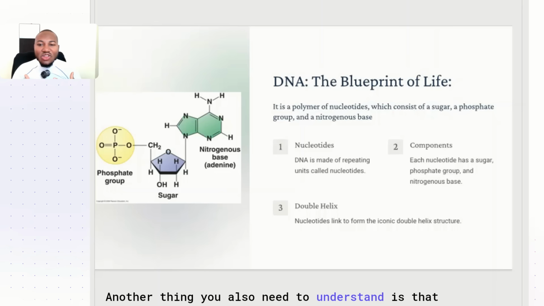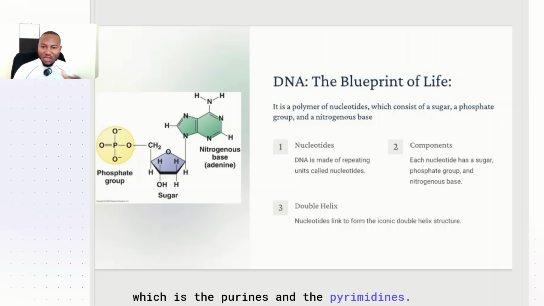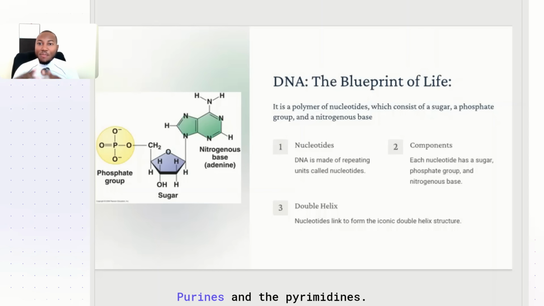Another thing you also need to understand is that the DNA has the nitrogenous base, just like the RNA. So the nitrogenous bases are divided into two groups, which are the purines and the pyrimidines. These are components of the DNA, purines and the pyrimidines, and they pair with each other. The purines are double ring structures.